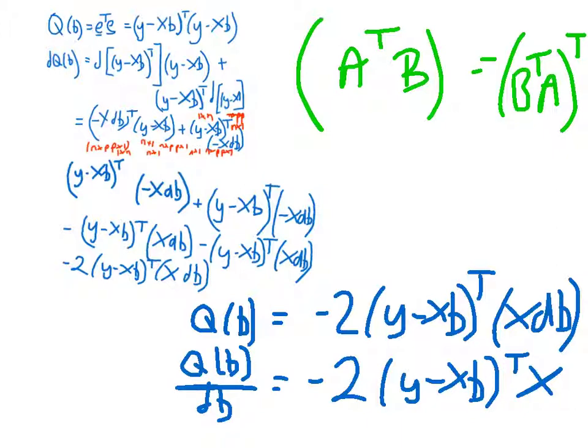I do now have an expression for the first differential of Q of B, and it has the order of matrices I want: as we've seen before, this term in here is 1 by n and x is n by p, so I'm left with a term that is 1 by p. So that's what I would expect, because I'm trying to find an entry for every term b when I minimise this function.